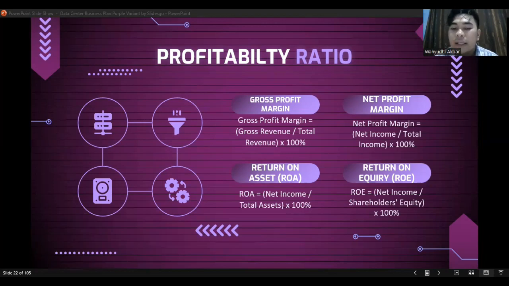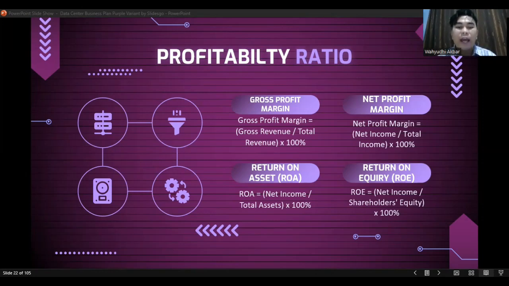ROA equals net income divided by total assets times 100%. Return on equity, ROE, equals net income divided by shareholder equity times 100%.